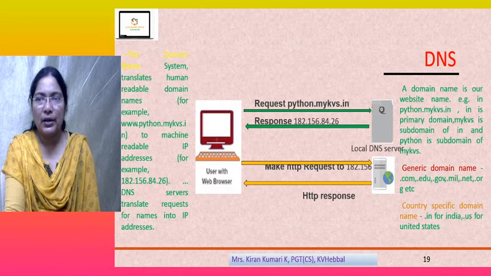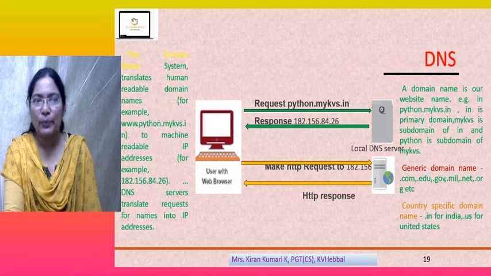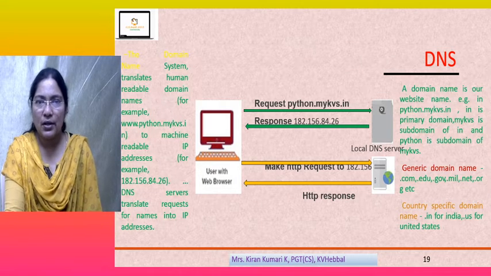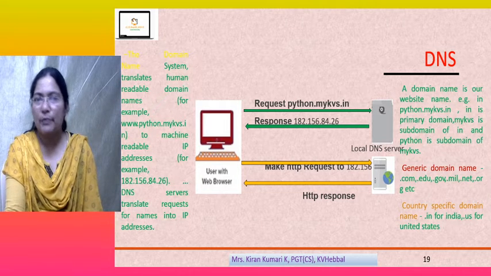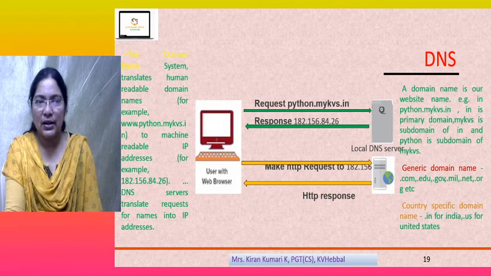What is DNS? DNS stands for domain name system, or domain name server. The domain name system translates human readable domain names, for example python.mykvs.in or cbscacademic.nic.in. So many things we are writing, isn't it?